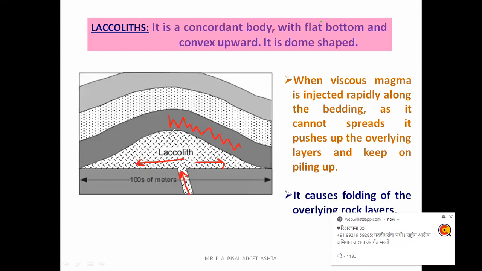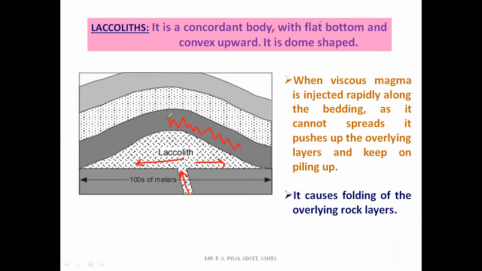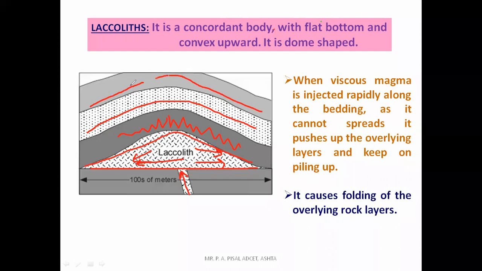That's why the magma does not come upward from this layer, and it spreads in this region only. So it forms such a dome shaped structure having a flat bottom and convex upward side. After intrusion, the upper layers are also converted into folds or a wave-like pattern. Such a structure is considered as a laccolith.